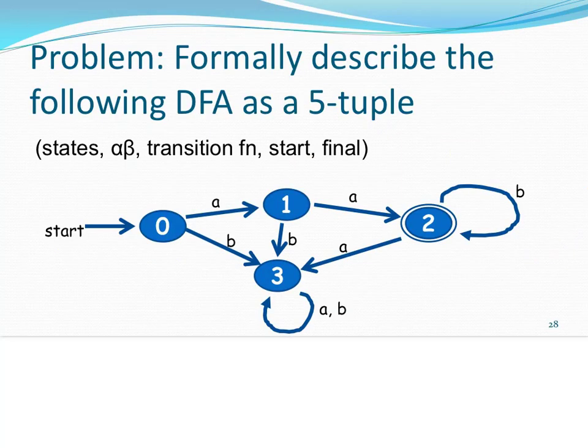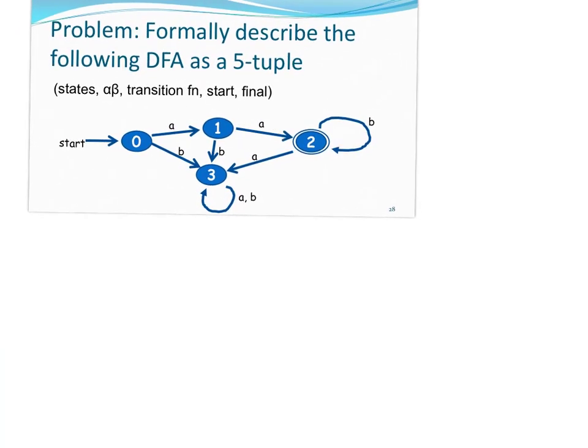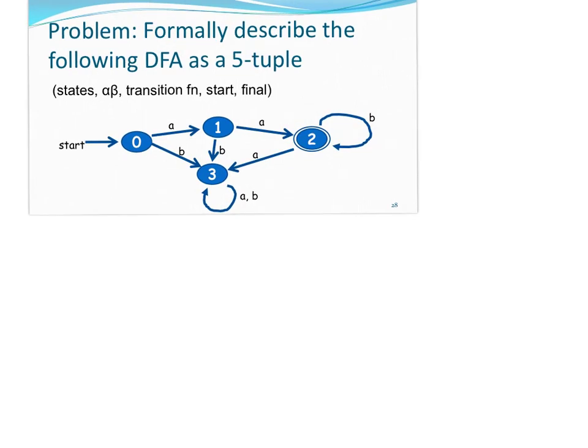So let's describe this DFA as a five-tuple, and just for this problem, I'm reminding you what order we need to give them in. Let's shrink this a little bit so we have a little bit more room. There we go. All right, so we're going to make a five-tuple.